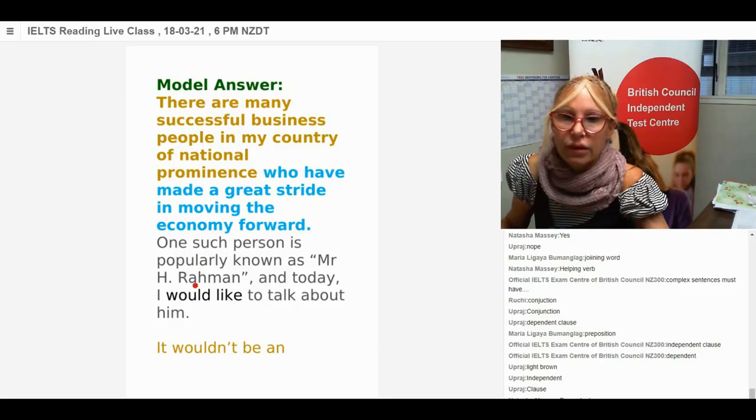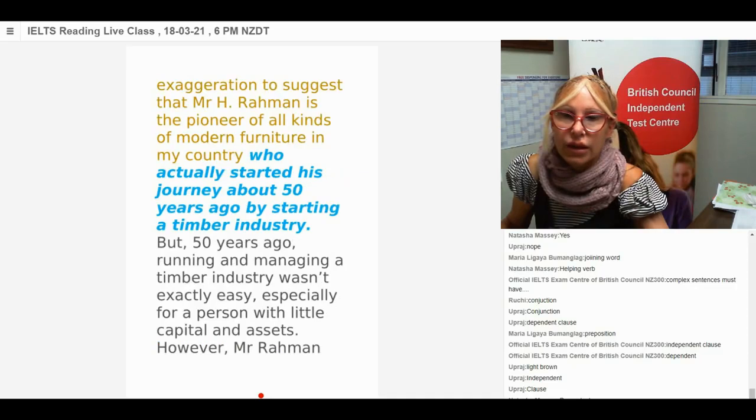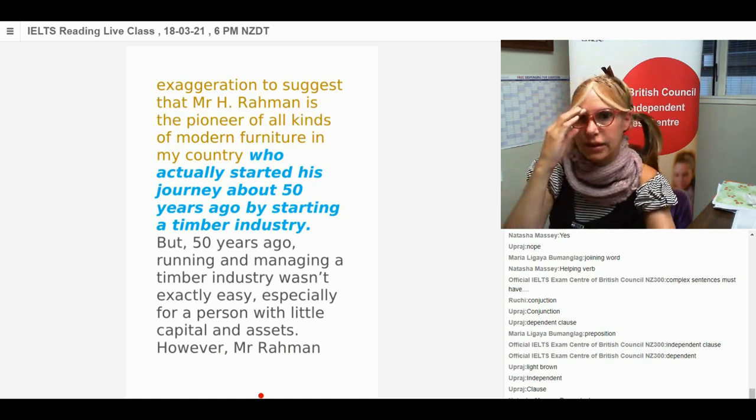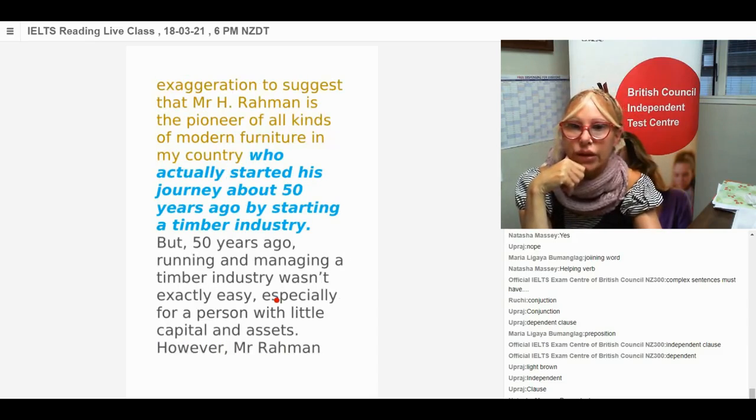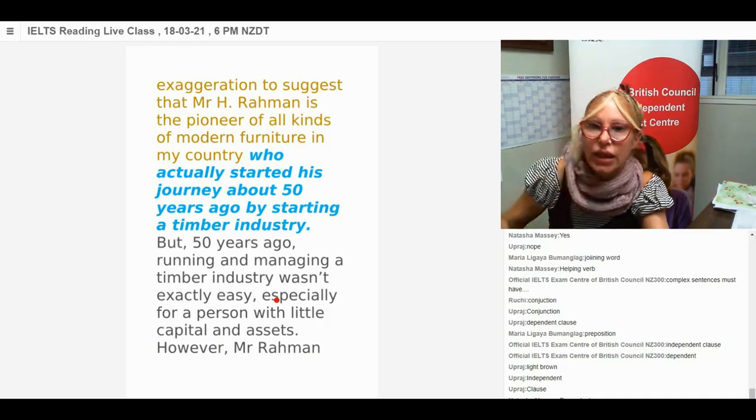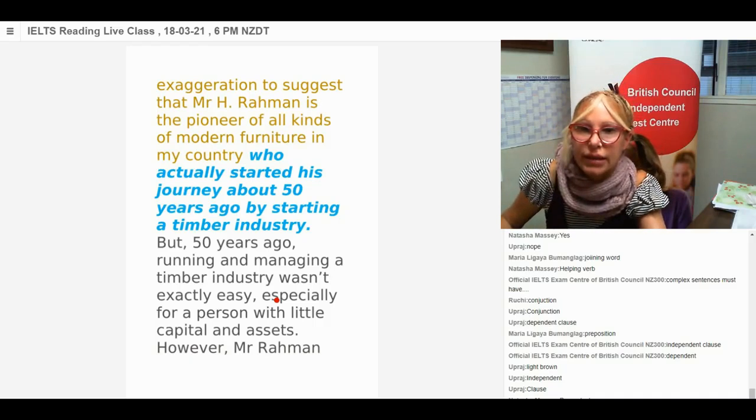So moving on, we've also got more examples of complex sentences. In the light brown, we've got the independent part. It wouldn't be an exaggeration to suggest that Mr. Rahman is the pioneer of all kinds of modern furniture in my country, who actually started his journey about 50 years ago by starting a timber industry.